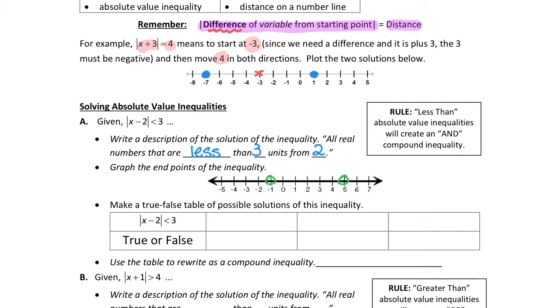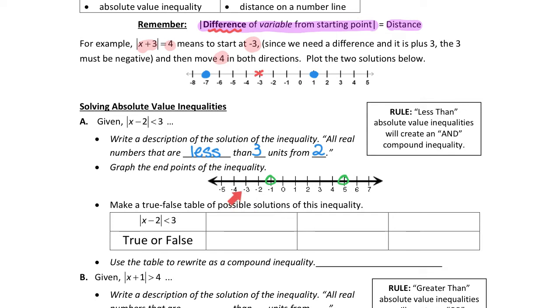This next part is going to be a new concept for many of you, to make a true-false table. Now, I don't want you to panic. This is not something you're going to have to do on your homework. This is just something I'm going to use to prove a point. So what we want to figure out here is where to shade, because this is an inequality after all. So we do need to shade our graph here.